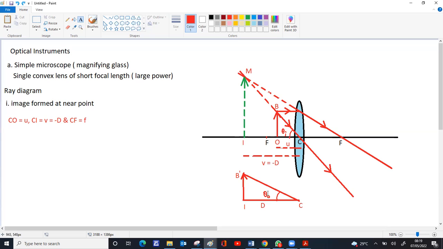But for the object, for a microscope, it is always at the near point, because that's the only case a real object can be kept close to the human eye without any lens. If you bring it closer than this, the image will not be formed clearly on the retina. This is the closest distance which gives maximum magnifying power for the eye without any optical instruments.